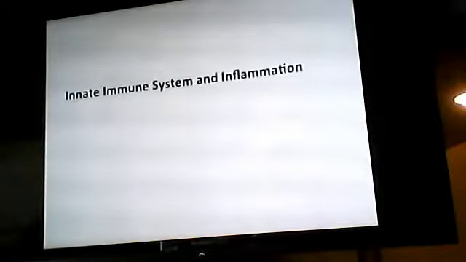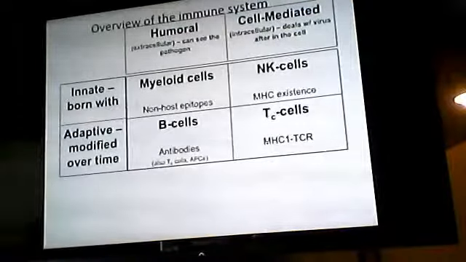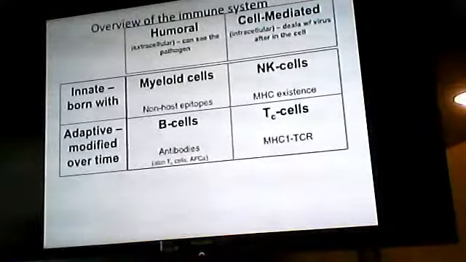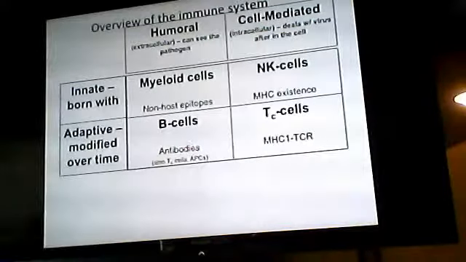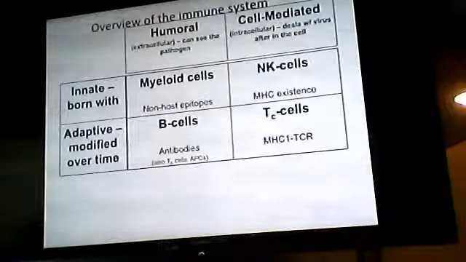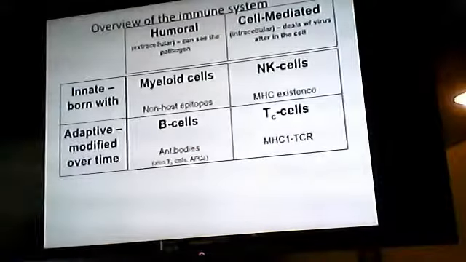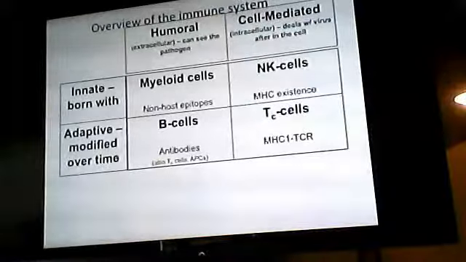So the innate immune system now, okay? Overview, so there's either your humoral or your cell-mediated types of immunity. Humoral immunity is more extracellular. It resides in the bloodstream, so your white blood cells and your immune system can come into contact with the pathogen and say, I will kill you now.